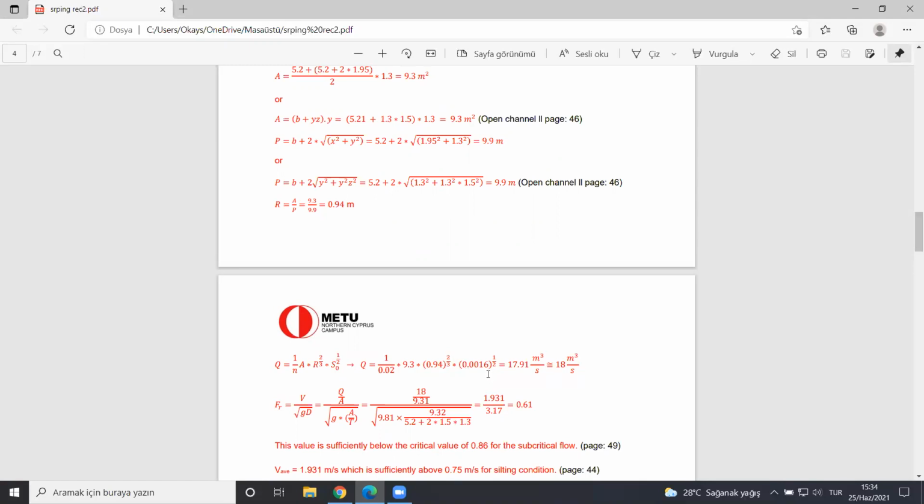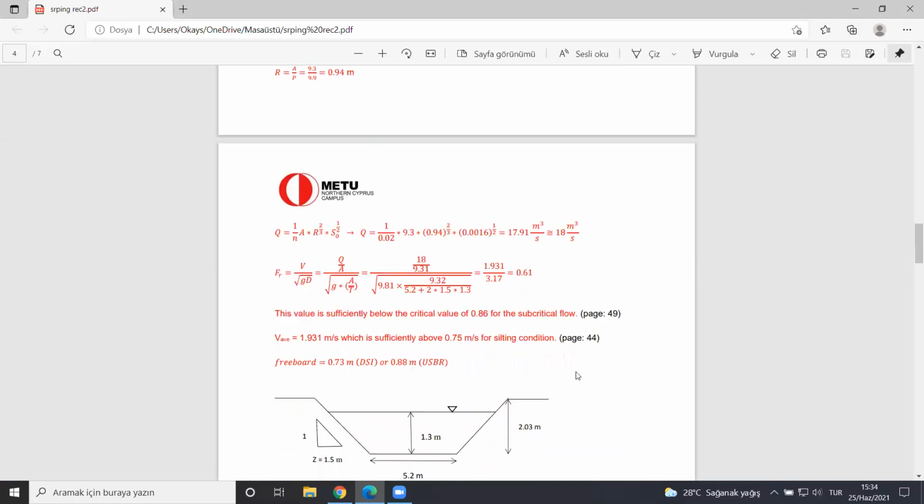From here, the discharge is 17.91 meter cube per second, which is very, very close to 18 meter cube per second. So it is acceptable, but we need to do some checks now. We found discharge is okay, but we need to do some other checks as well.